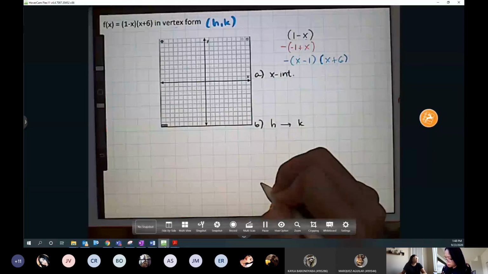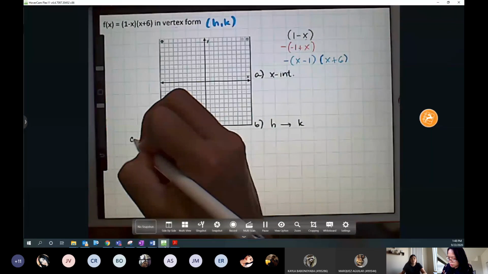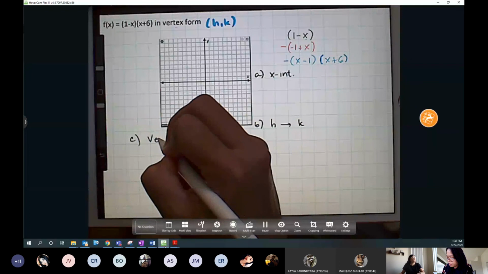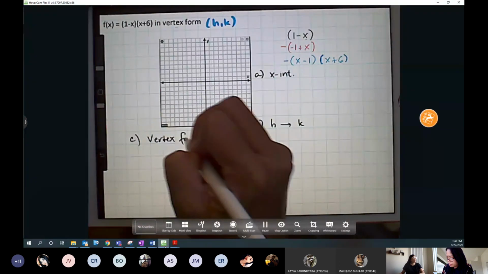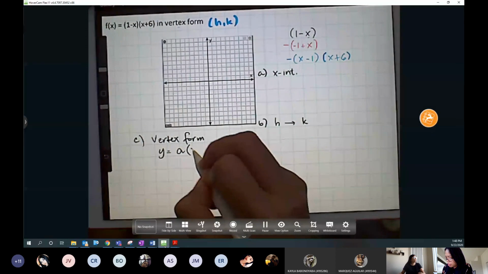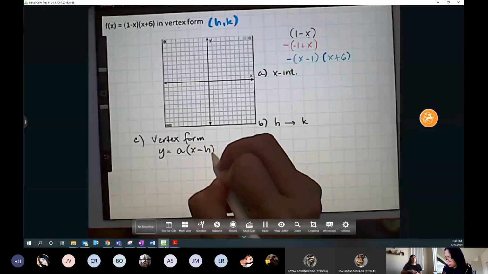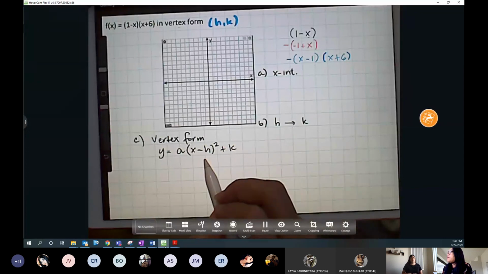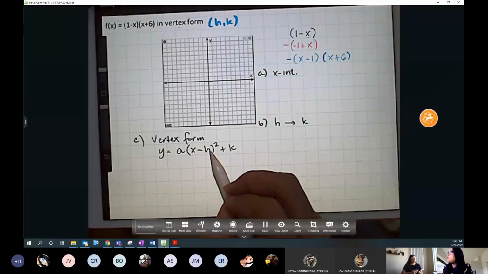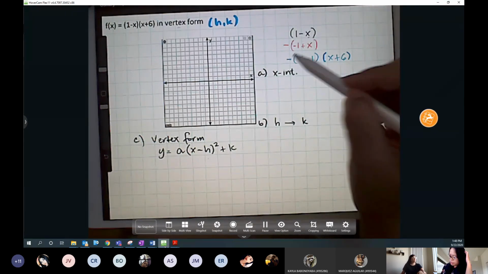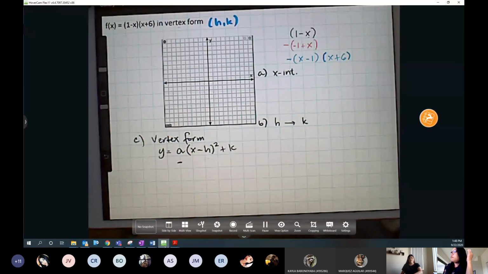Once you have the vertex, you're going to write it in vertex form. And vertex form is y equals a outside, x minus h squared plus k. Okay, so once you have the h and the k, then you can make your vertex form. See the negative here, it should be a negative for a.